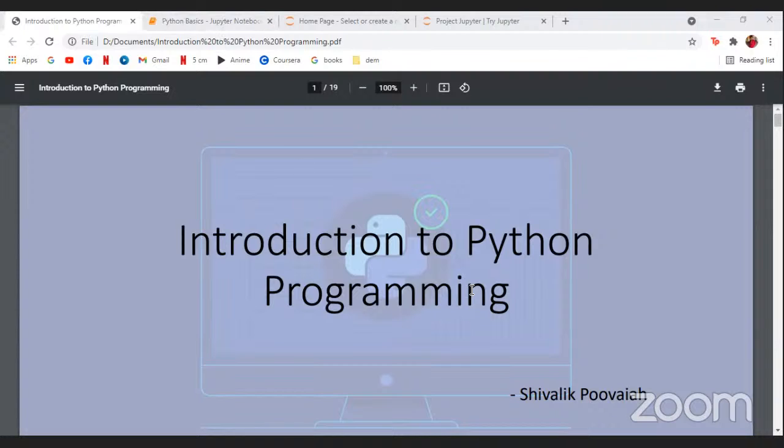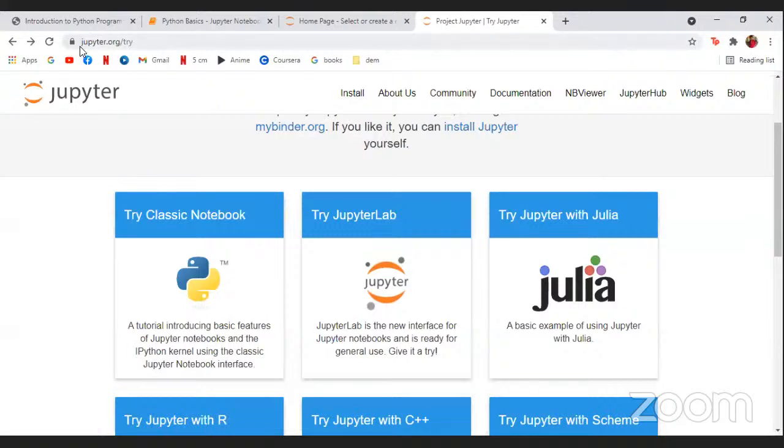If any of you want to try this out, you can just go to Google, type in Jupyter Notebook, and you should find a link that leads you to a lab that looks like this. You can go to the website jupyter.org/try and click on JupyterLab. Once you click, it'll take some time to load.